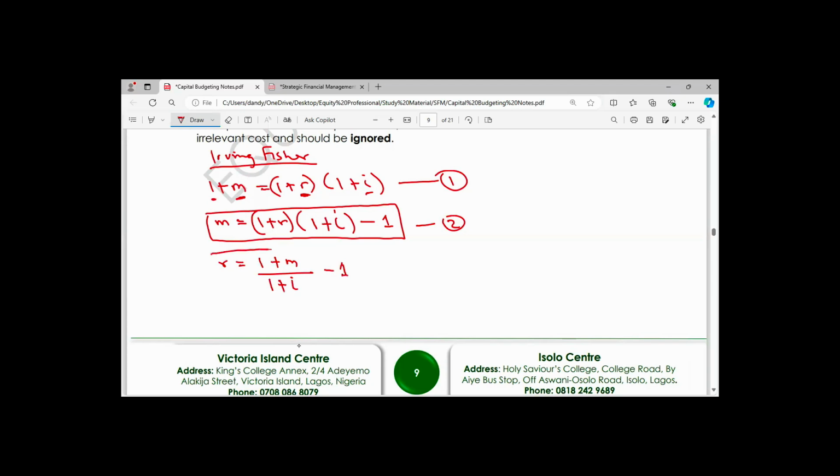So this is the formula for calculating real cost of capital.